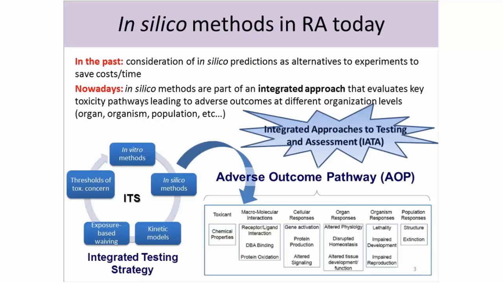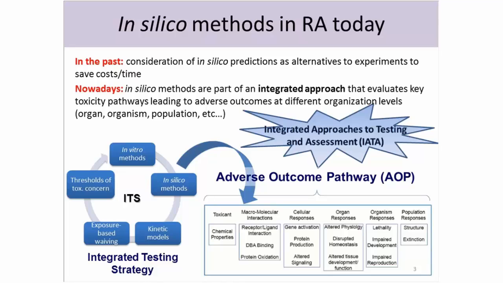There has been a shift in the last years between how in silico methods in risk assessment were thought, considered and used, and how they are considered today. And this shift is connected to the paradigm shift that you have seen before. Now toxicology would like to be based on the adverse outcome pathway.